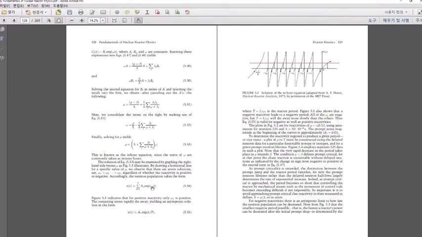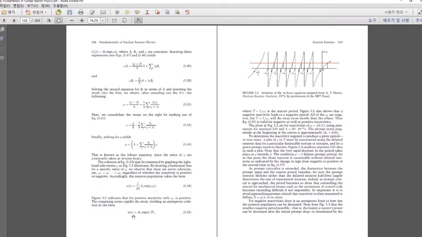In that case, only omega 1 will dominate the sum of the terms.